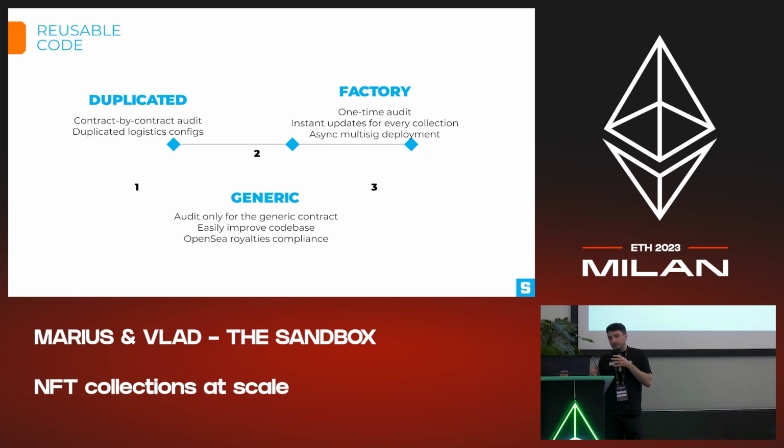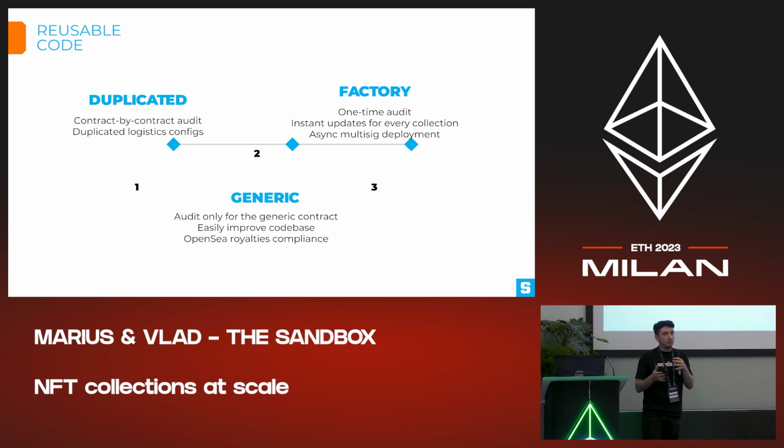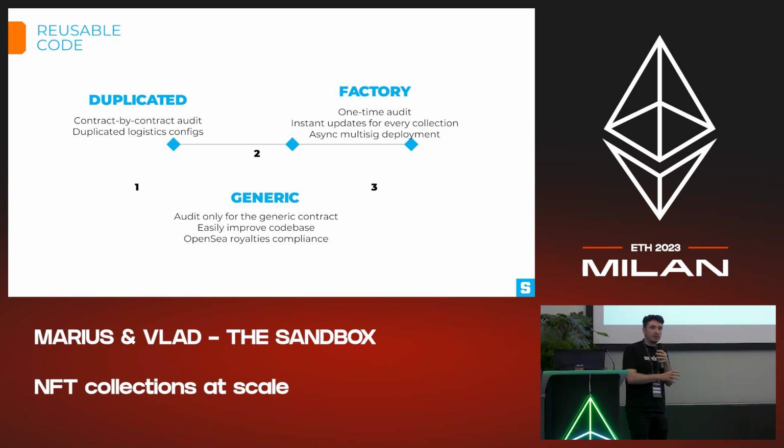Moving forward, this generic raffle approach works if you have a small number of collections, let's say 3 or 4 per year. But if you want to scale to more than 50 per year, the entire process is getting harder and harder. You need a technical person to deploy the smart contract.